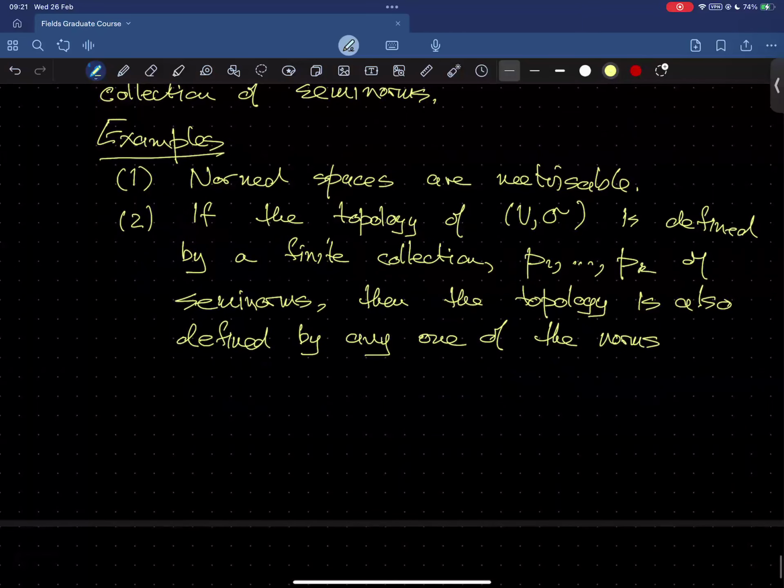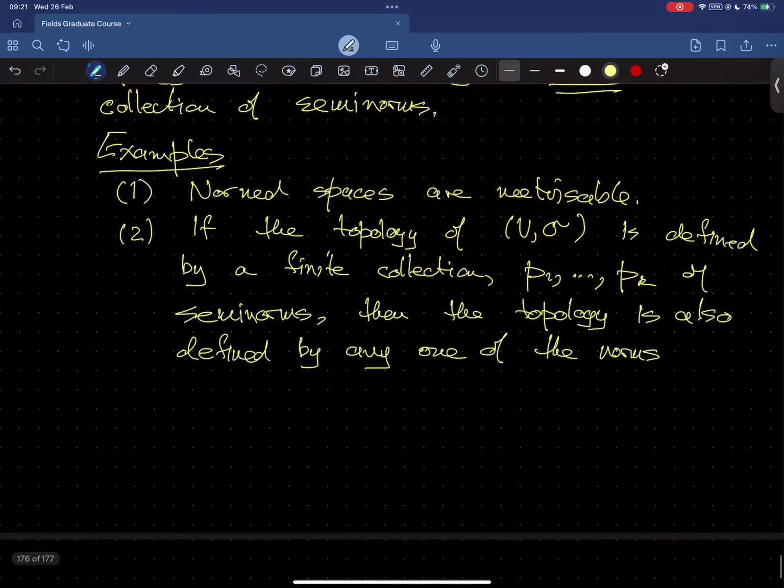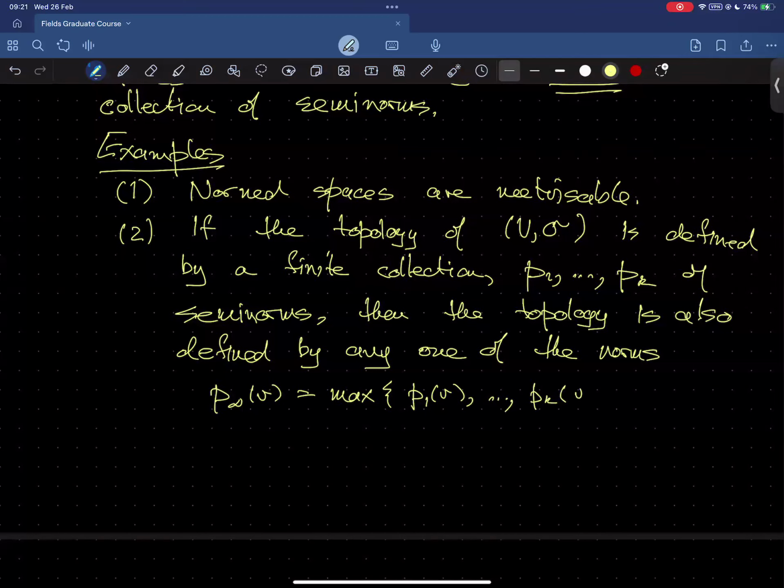And then I'll tell you the general rule for combining these finitely many seminorms into a norm. So P infinity of V is the max of P1 of V up to PK of V. Okay, so that's one way of building a single norm from those finitely many seminorms.